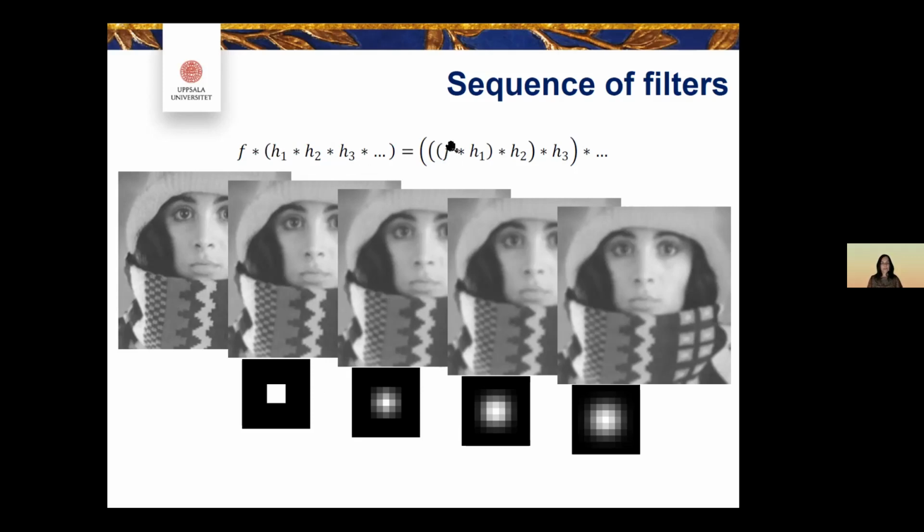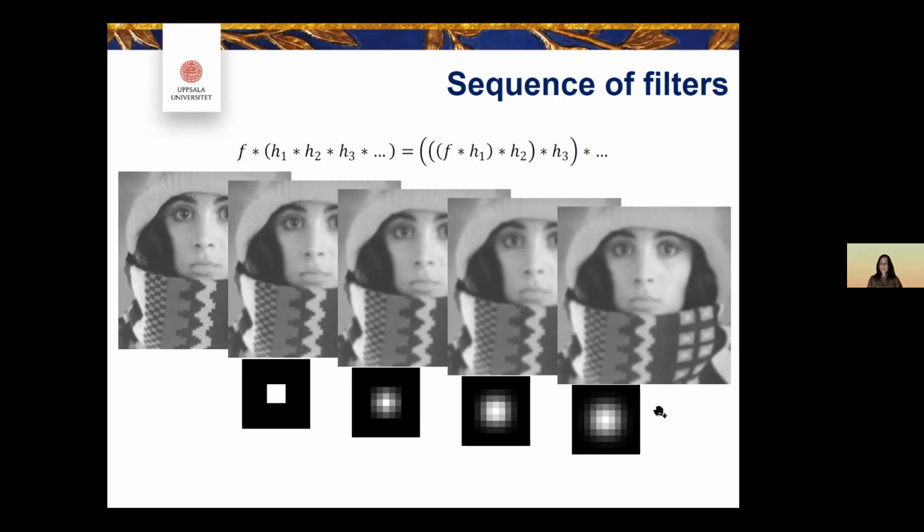We can perform one filter, then another, and a third, and so on. We can also obtain the same result by grouping all the filters in the sequence, producing one filter by convolving these filters first, and generating the finally desired one which corresponds to the whole sequence.